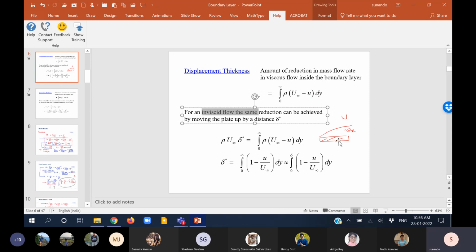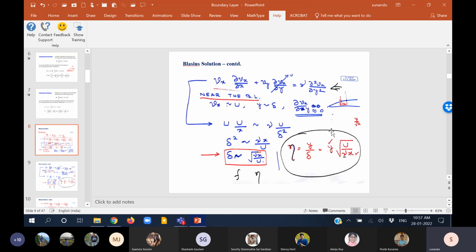Displacement thickness is a concept where the entire flow is treated as inviscid when you move this plate up by a distance delta star. So if I move this plate up by delta star, then essentially the rest of the flow becomes inviscid. That was the concept of displacement thickness.